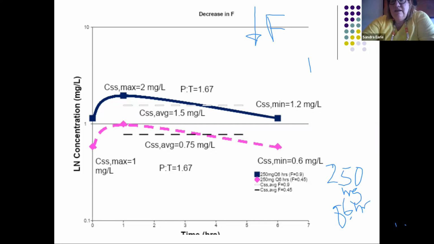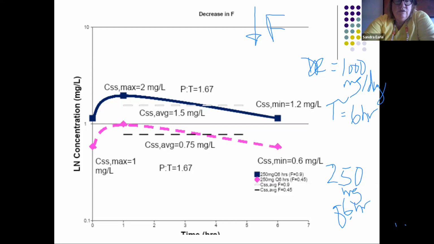So the dose rate is 1,000 milligrams per day. I like to put things in milligrams per day so that it's just easier for me to multiply. So 250 times 4 is 1,000 milligrams per day. So the dose rate is 1,000 milligrams per day, and the dose interval is obviously 6 hours.